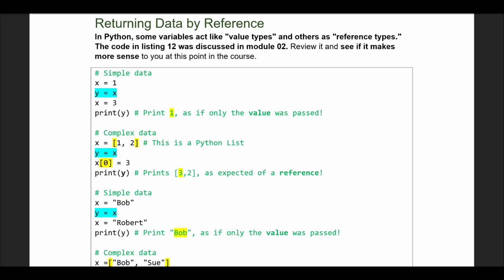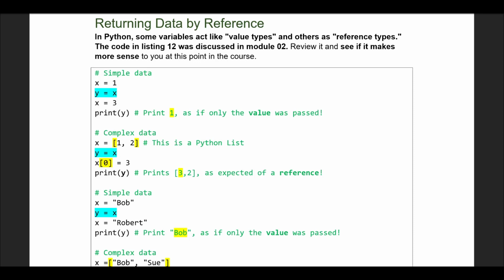As we talked about before, simple data types will act as value types, and more complex data types will act as reference types, at least some of the time. So you need to kind of test things. And the example we used back in Module 2 looks something like this. I've got two variables, x and y. I set the value of x to 1, and then I take y and set either the reference or the value of x to y.